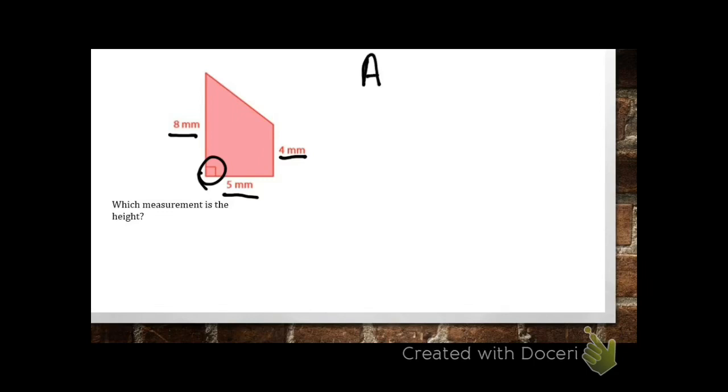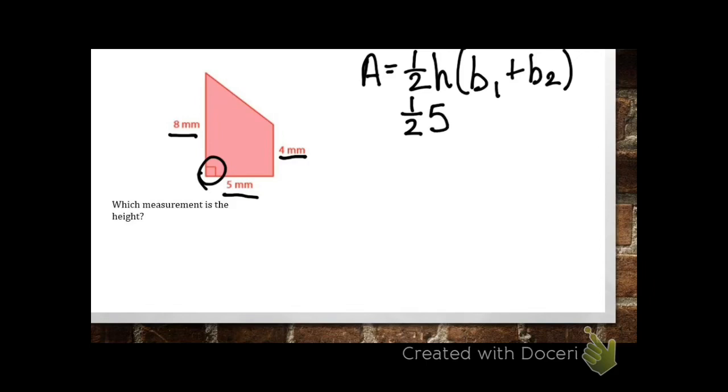All right, so let's start off with our formula. Let's write A equals 1/2 of the height times base 1 plus base 2. All right, now let's start filling in our numbers. If we said our height was 5 and base 1 was 8 plus 4, now we're going to take care of our parentheses. 8 plus 4 is 12.